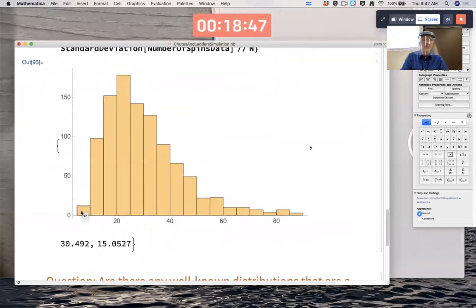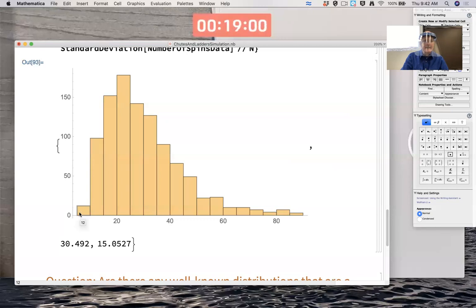Looks like 12 of them won the game within, what would this be, it's not clear, it's not going down to 0 there, somewhere between maybe 2 and 8 spins.